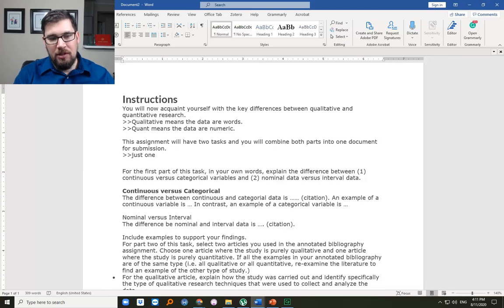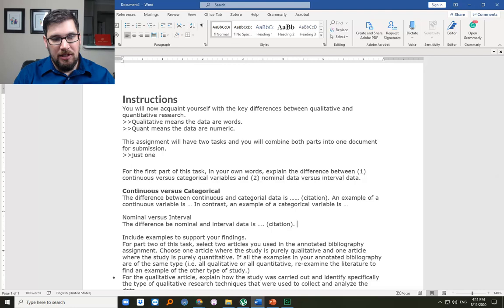Put it in your own words, even if your words are not yet very developed in terms of scholarly language. You want to do your best, and obviously avoid plagiarism. So show your own comprehension.